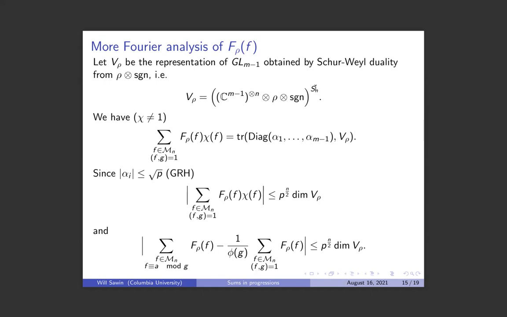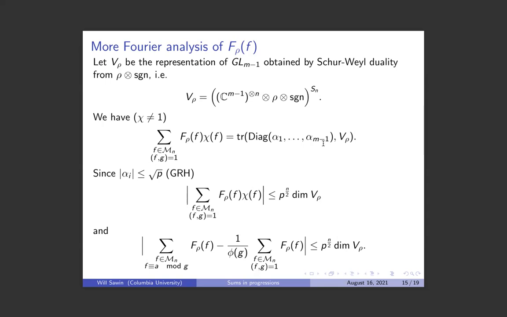And I'll call this V rho. And my formula for f rho against chi in terms of the L function will use the character of this representation V rho: the trace of V rho evaluated at a diagonal matrix whose diagonal entries are alpha 1 through alpha m minus 1, the variables, the roots appearing in our formula for the L function.